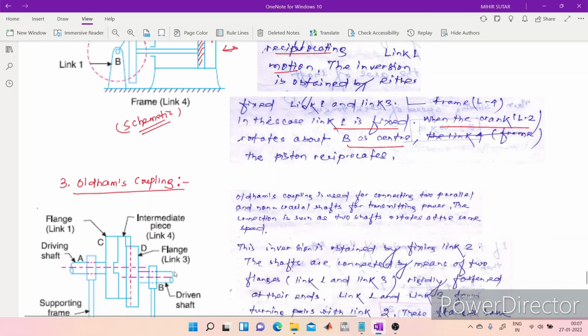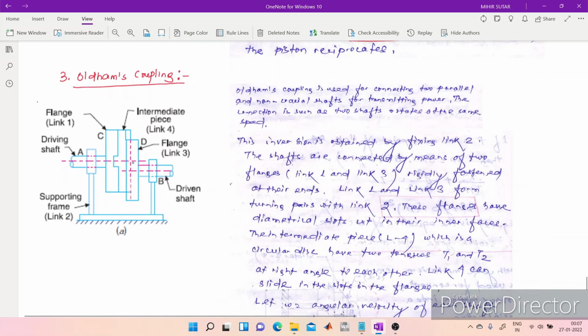Now the third possible inversion of this double slider crank chain is Oldham's coupling. The basic function of Oldham's coupling is to transmit power between two parallel but non-coaxial shafts.